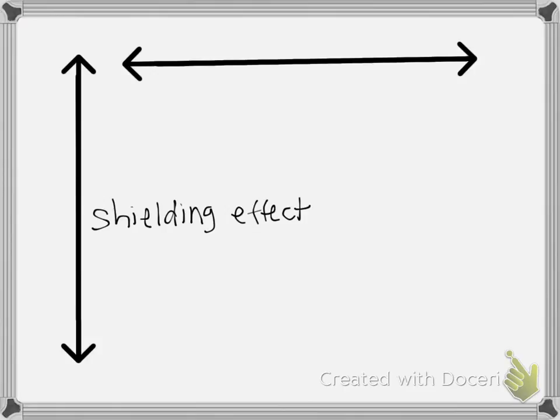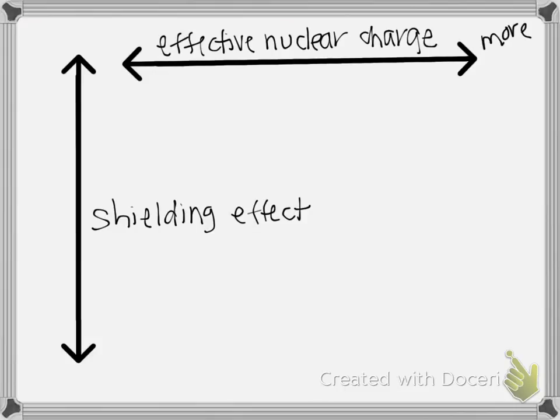If you are moving side to side, the reason is going to be effective nuclear charge, because that's dealing with more protons, more electrons. This would be less shielding, and on the bottom would be more shielding.